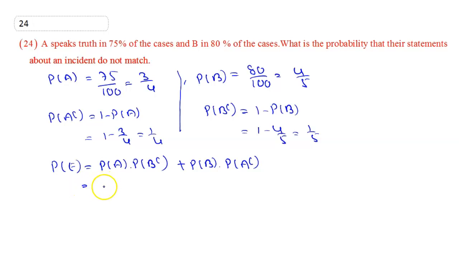P of A is nothing but 3 by 4 into B complement, which is 1 by 5, plus P of B, which is 4 by 5, and A complement is nothing but 1 by 4. Okay. This is equal to, 4 5s are 20 as the LCM, right? 3 plus 4, that is equal to 7 by 20. This is the answer for this question.